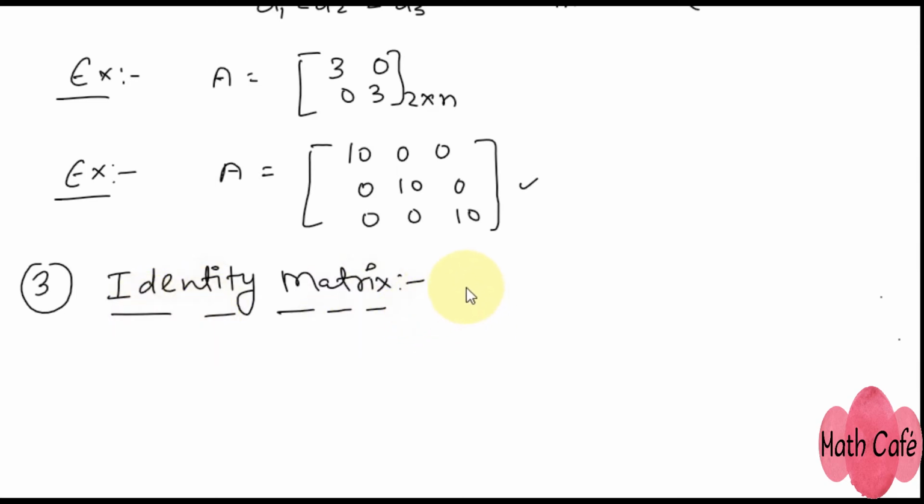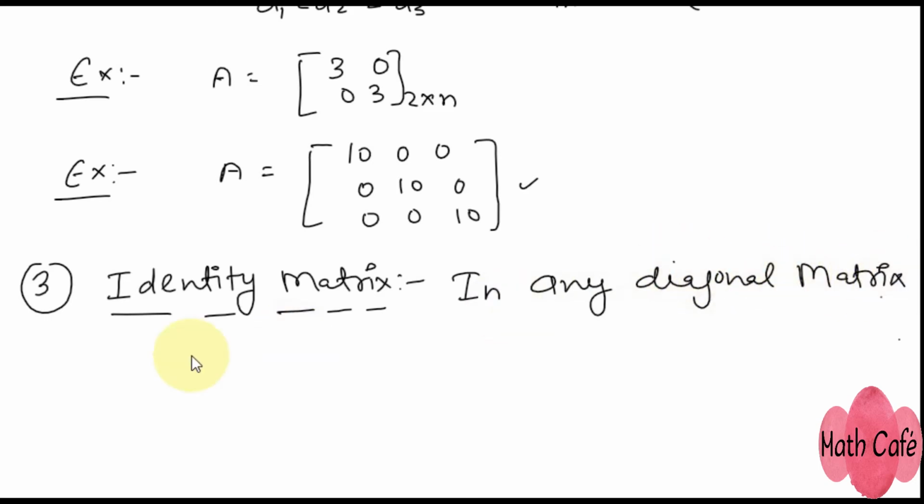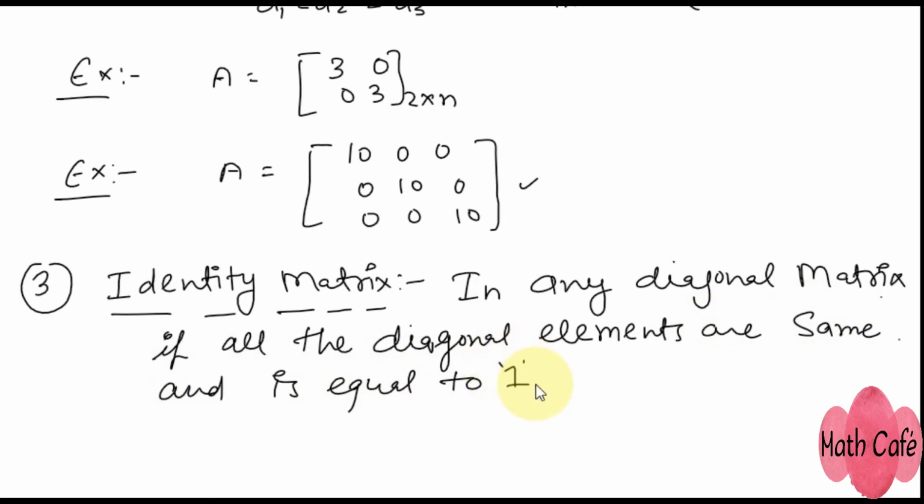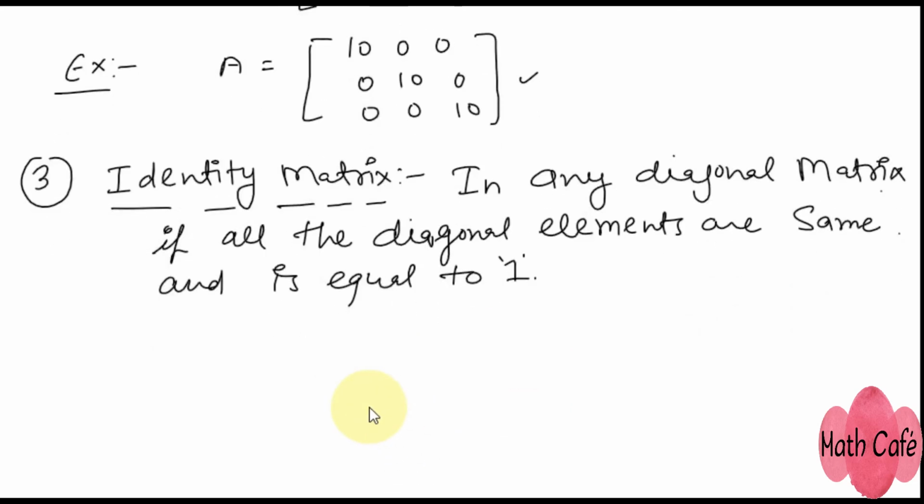All right. So in any diagonal matrix, if all the diagonal elements are same and equal to 1, this kind of matrix will be called identity matrix.